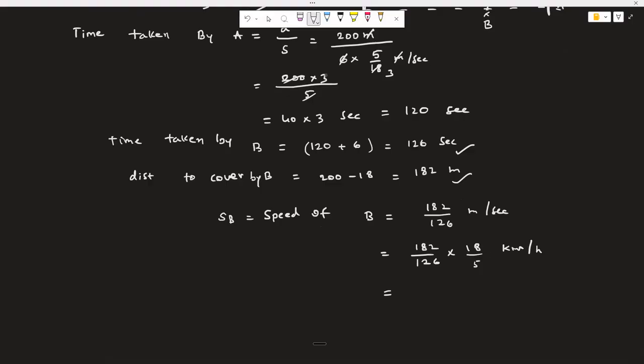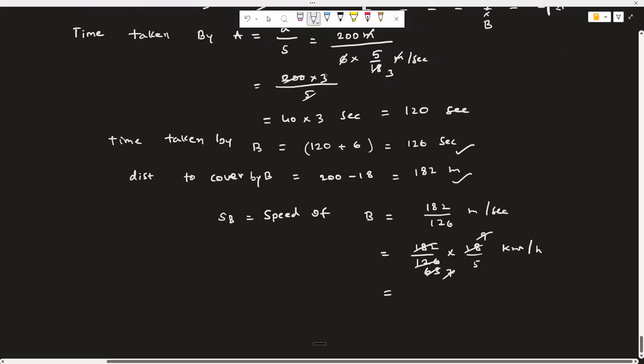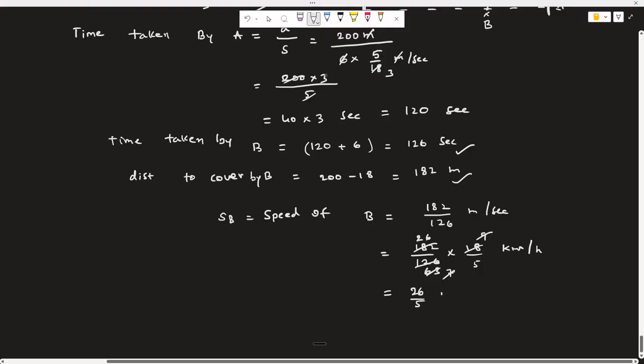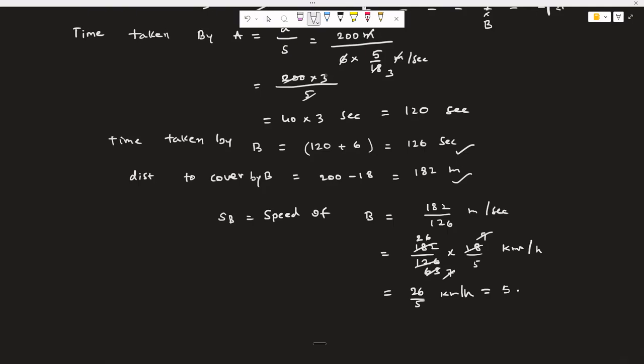The 7 table: 7 twos are 14, 7 sixes are 42. Two tables, 9 sevens. Again, you can still cancel. 5 fives are 25, 2 fives are 10.